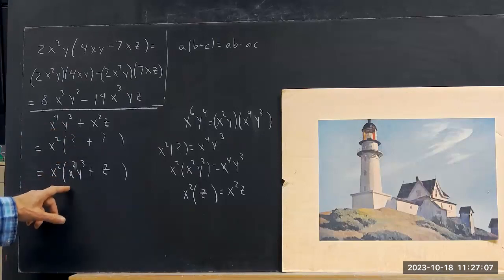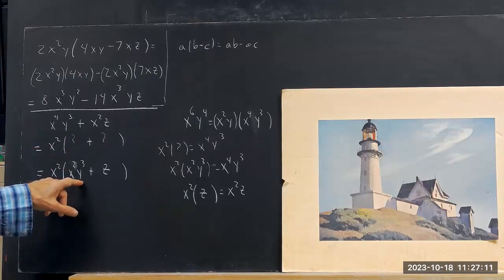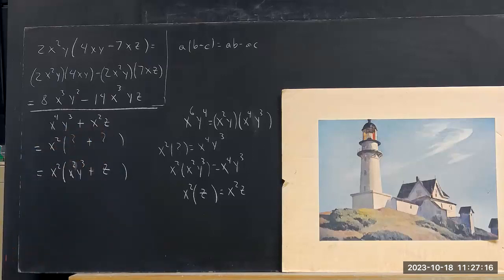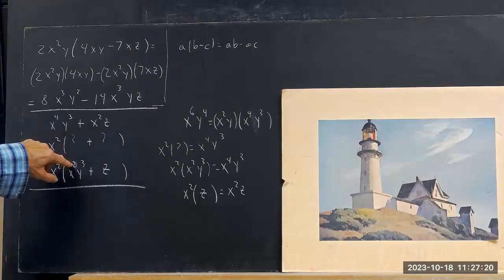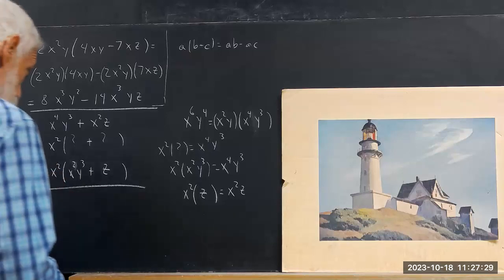Well, yeah, x squared times x squared gives me x to the fourth. I've still got my y cubed. Then x squared times z gives me x squared z. So we can check it out. I'm sorry, I kind of screwed that up, so that could be misleading. Just wrote it down carelessly. All right, let's try another one.